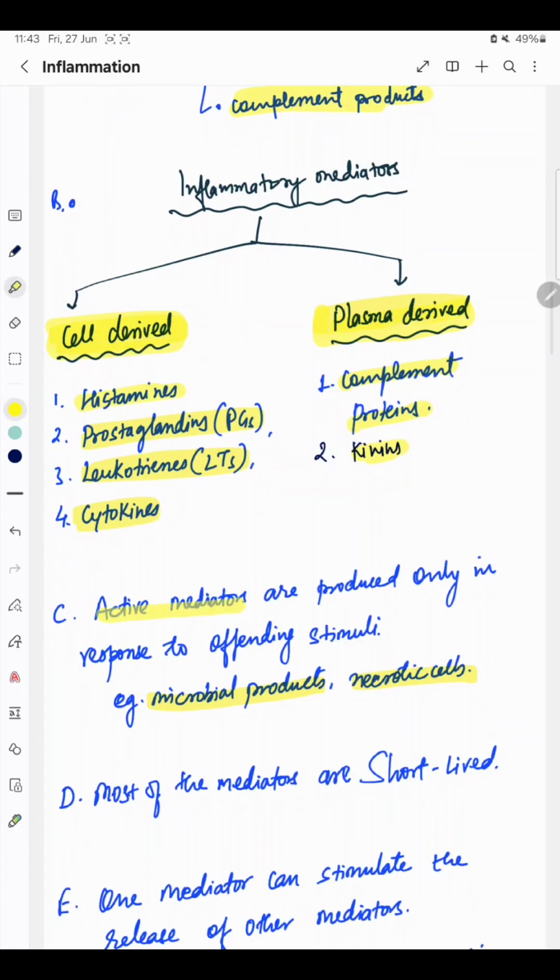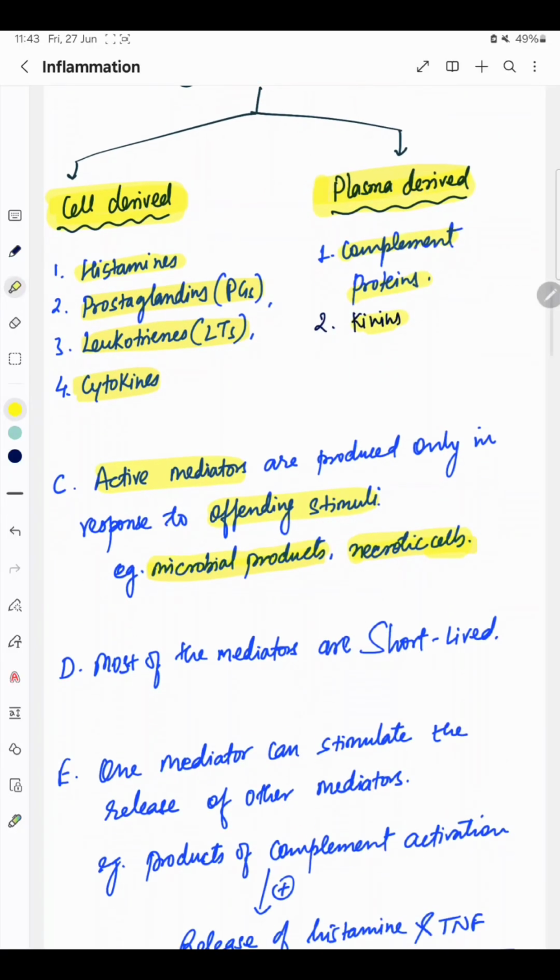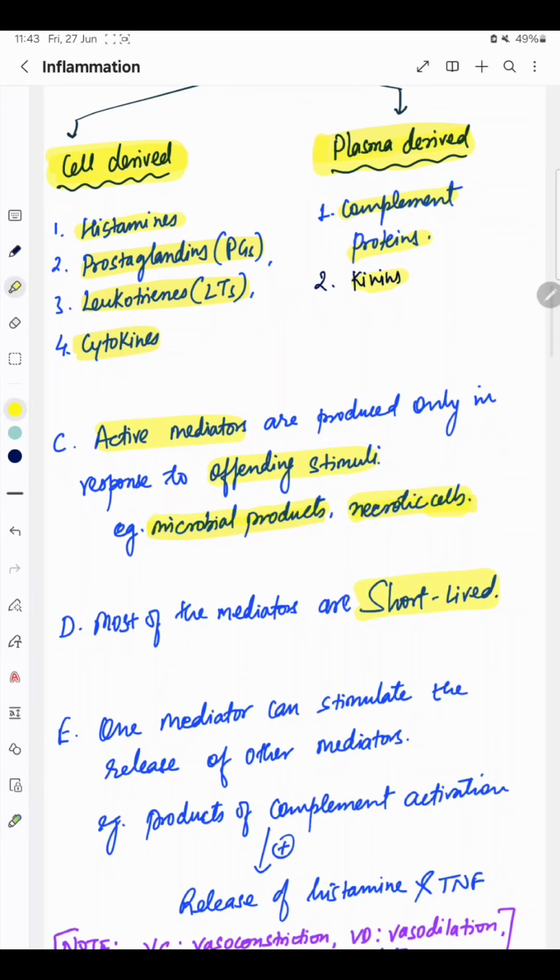Active mediators are produced only in response to an offending stimulus, which can be a microbial product or necrotic cells. Most of the mediators are short-lived. They vanish after their purpose is served.